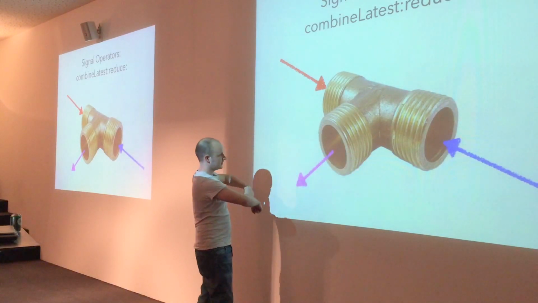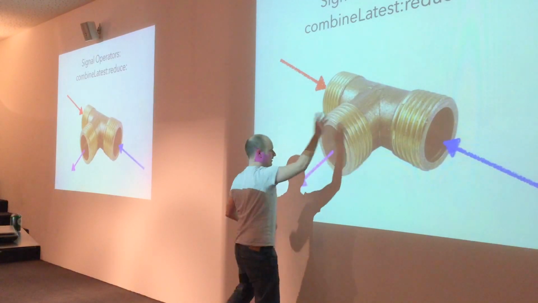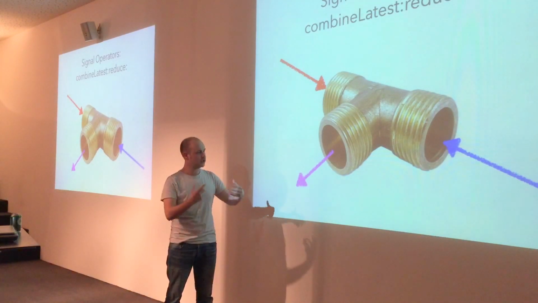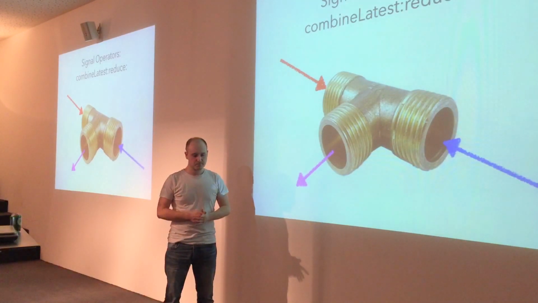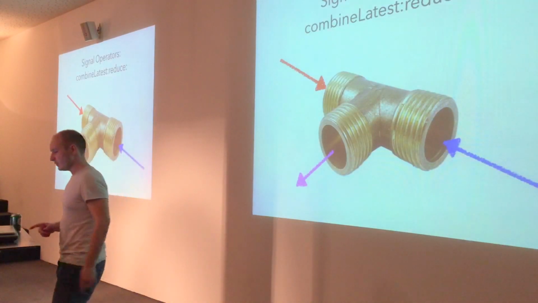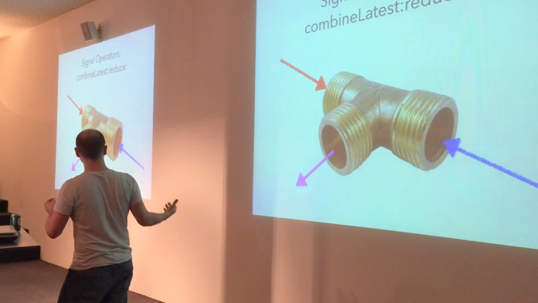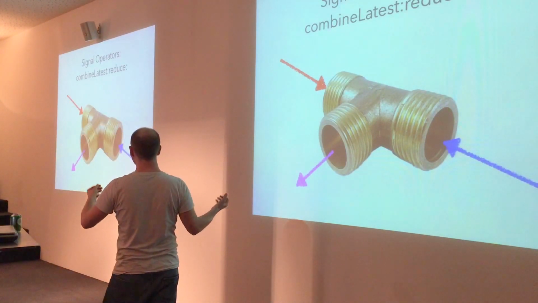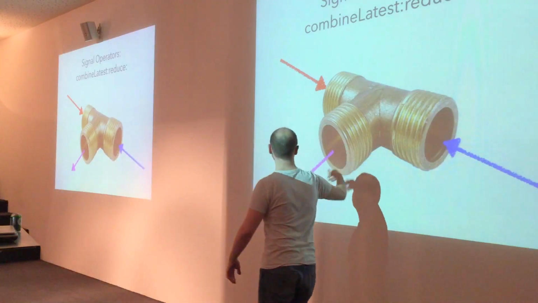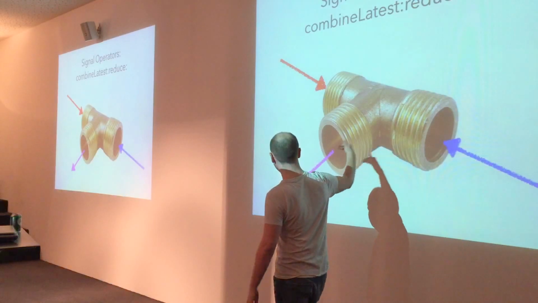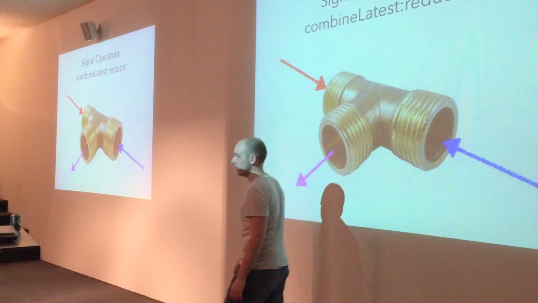They go in, and out comes the combination of those two being merged by a block, which could be a Boolean or whatever we want. I'll show you in a sec why that's useful, but you combine the latest values and then reduce them down to one thing. This could be 3 or 4 signals, but the key thing is you reduce it to one output.